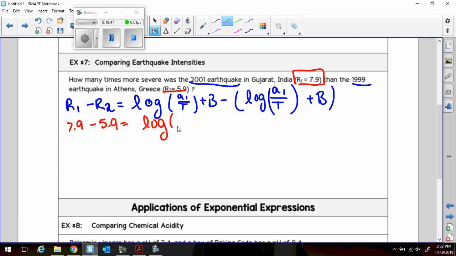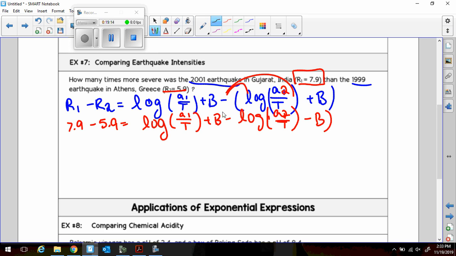So we have log of A1 over T plus B minus, I'm going to distribute this negative, log of A2 over T also. Sorry, I keep on doing that. A1, this is A2. This one is going to be minus B. I have to distribute this negative.